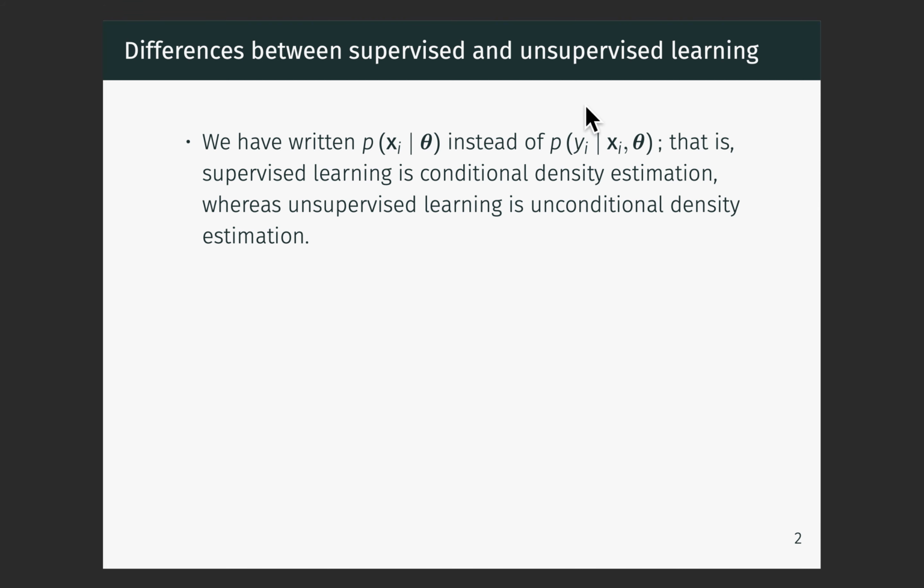But unlike supervised learning, for unsupervised learning, we just want to model the probability of the input features given the parameters theta. For supervised learning, this term is a conditional density. We're talking about probability density functions. So this is a conditional density, and for unsupervised, we call it the unconditional density because there is no y_i term here.